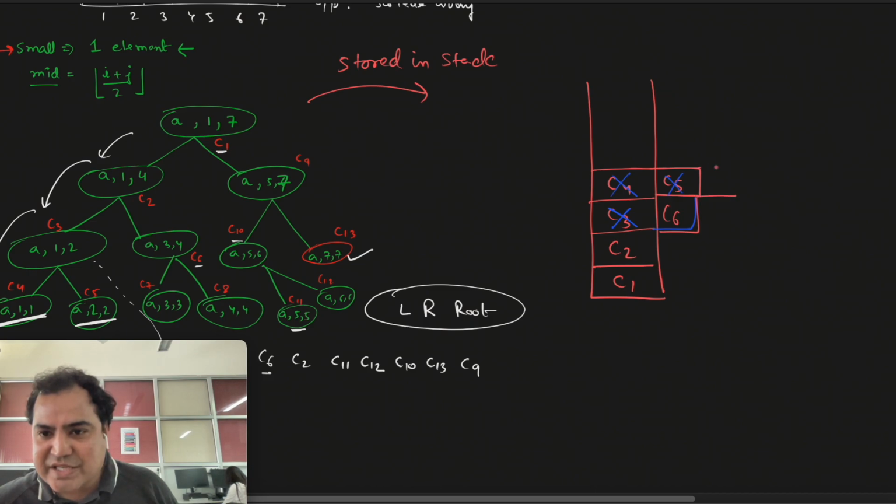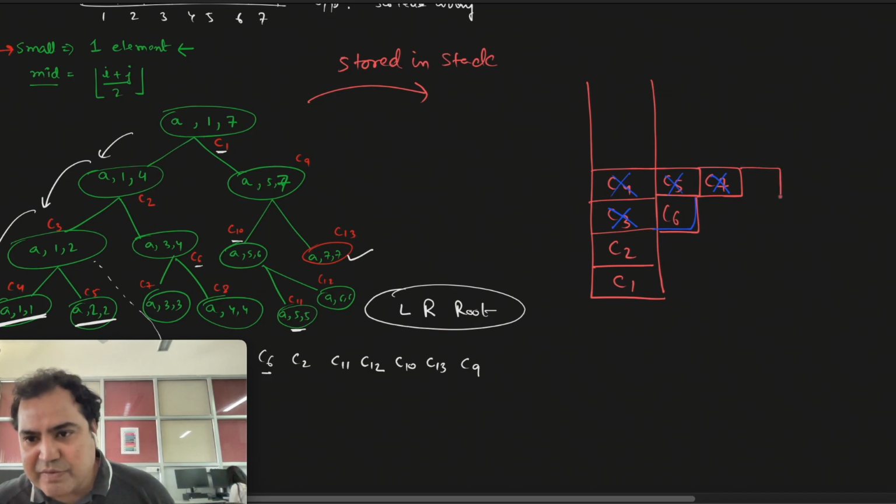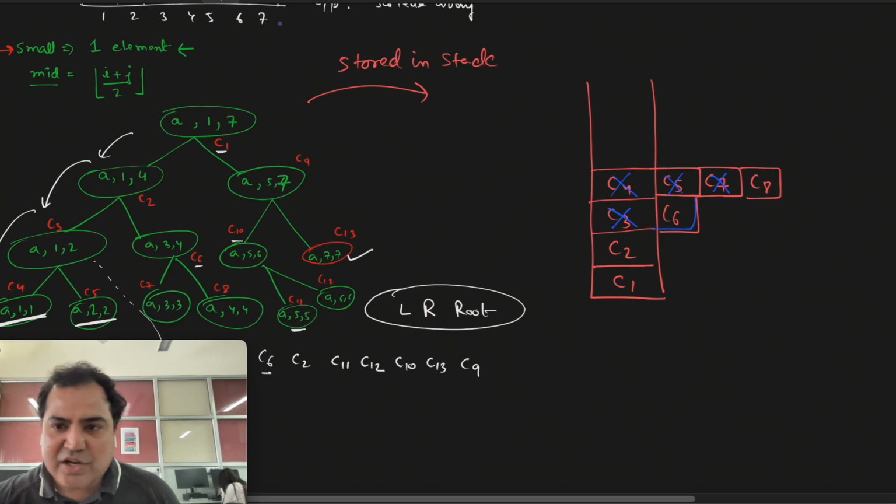As soon as C7 gets inside the stack, it gets evaluated. Then C8 will come inside the stack, and it also gets evaluated as soon as it comes in. When C8 is evaluated, C6, whose children these are, also pops out of the stack.